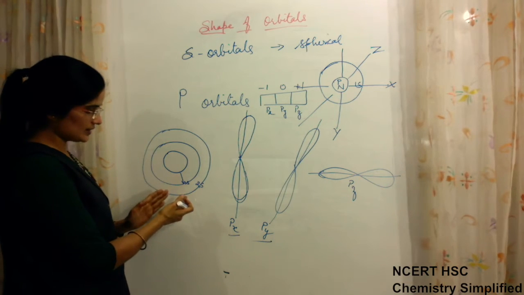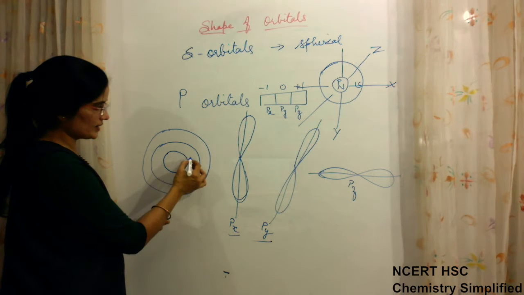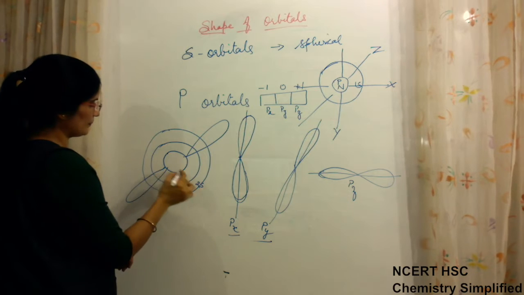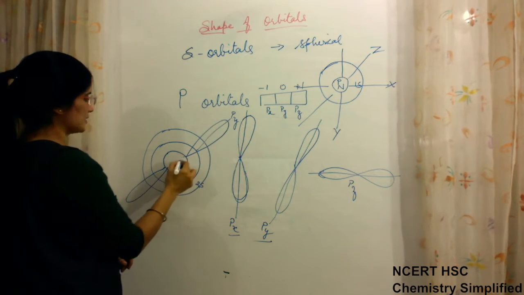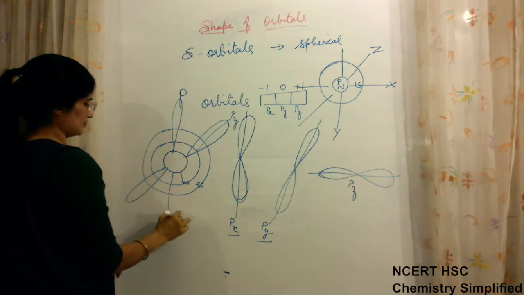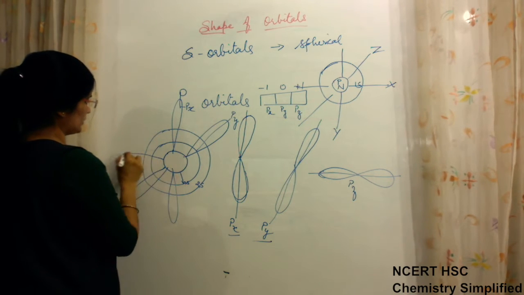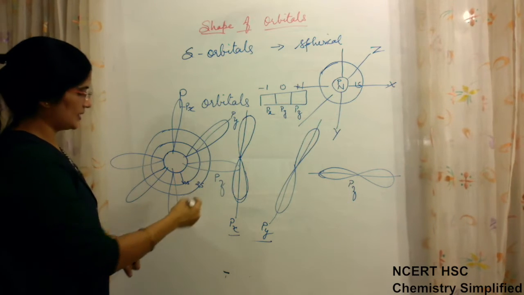But actually, what is there after 1s, after 2s, this is 2p. One is py, this is px, and one more will be there, this is pz, and this is 2p.